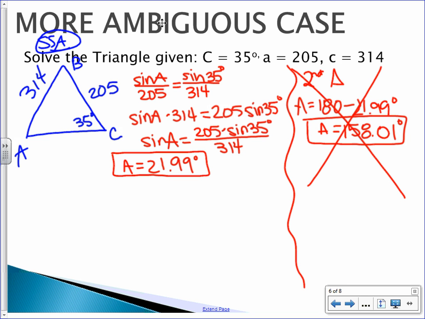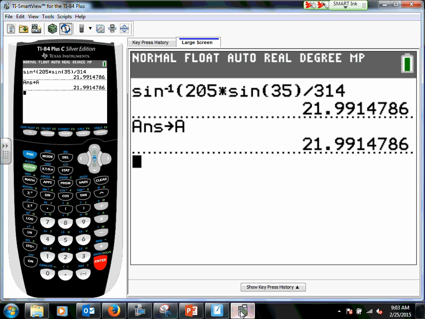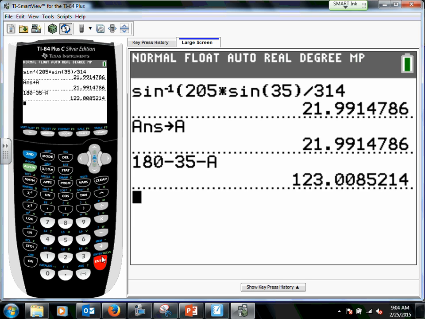Okay. All right. So now we need to find angle B, correct? So if we go back to our calculator, we can say 180 minus 35 minus A. We don't have to type it in again.